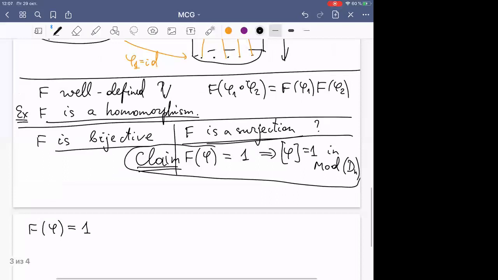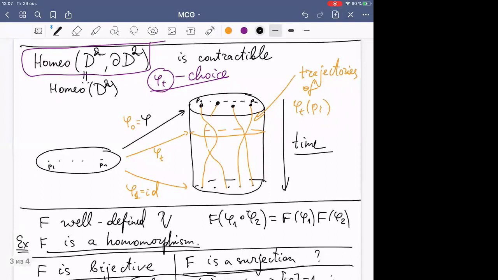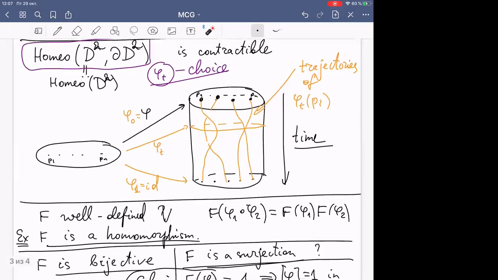This means that if we consider this procedure for this particular homeomorphism phi, then the obtained braid is trivial. So by an isotopy, we may achieve that this braid is just straight.